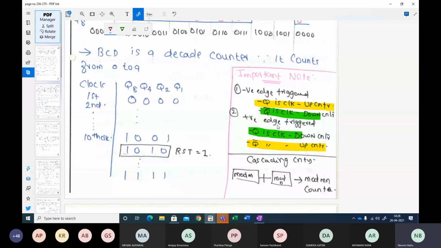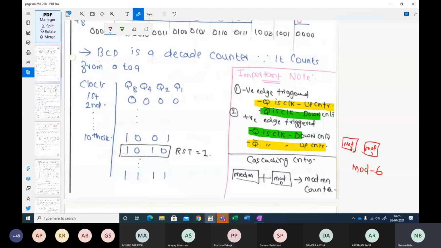Second important note is you can cascade your counters. How you can cascade your counter is, say for example, you want a mod mn counter, meaning I want a mod 6 counter, let us assume. Then I can have two counters. One is mod 2 counter and other is mod 3 counter.